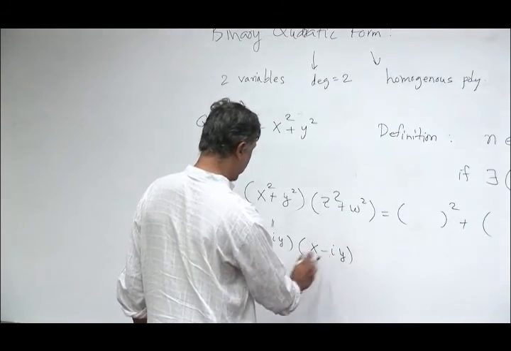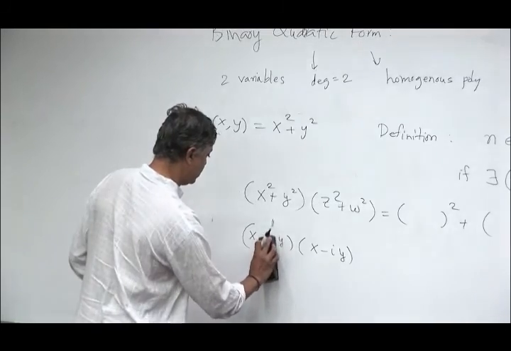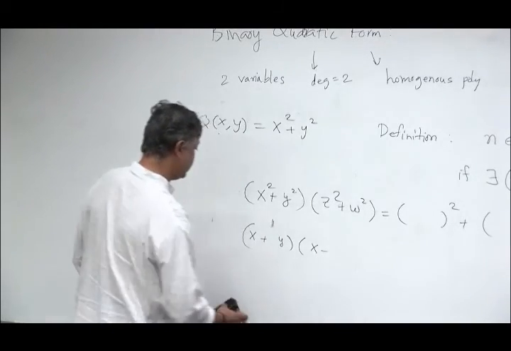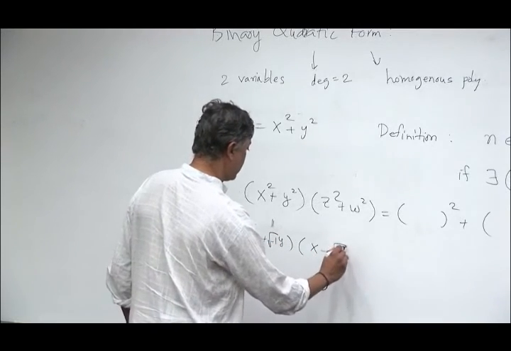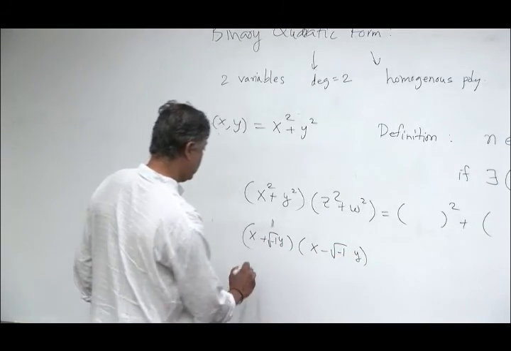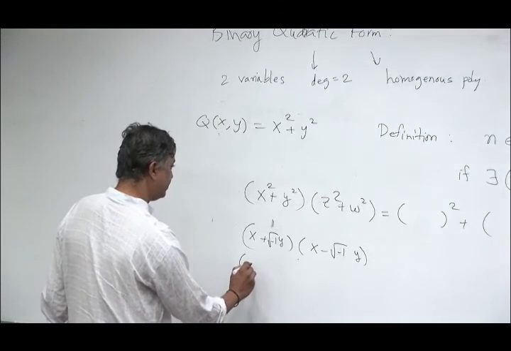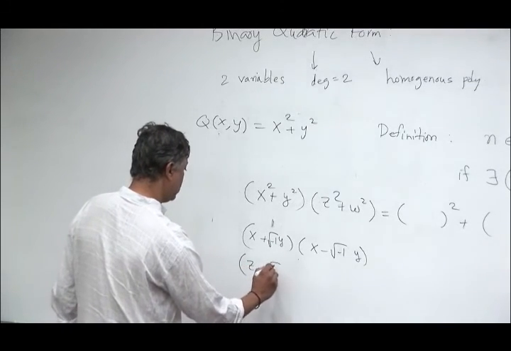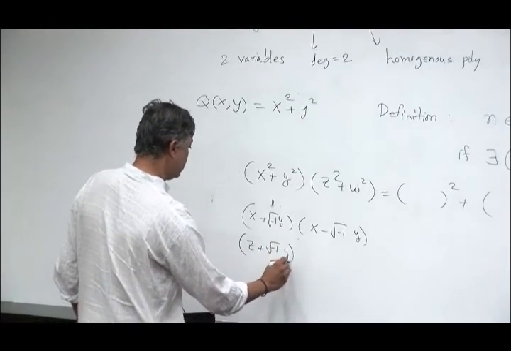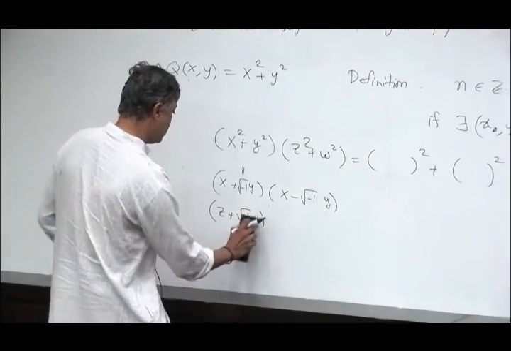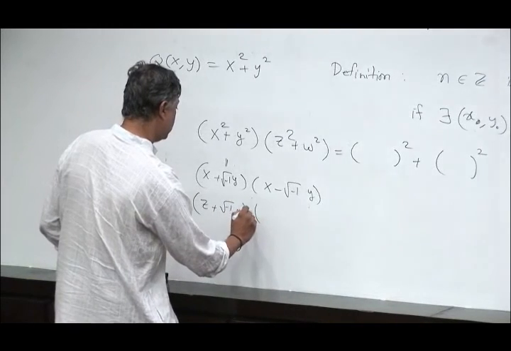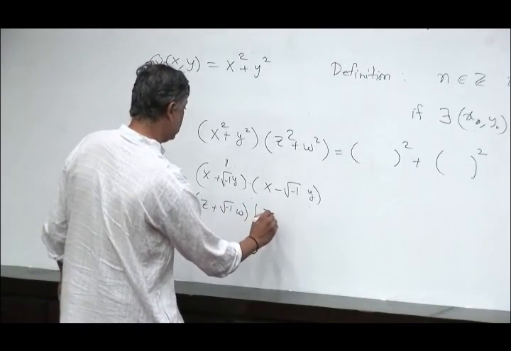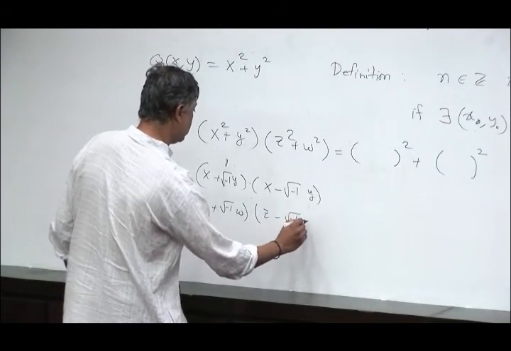I should be more careful maybe, so I will write this as x plus square root of minus 1 y, times x minus square root of minus 1 y, and then this multiplied by z plus square root minus 1 w times z minus square root minus 1 w.